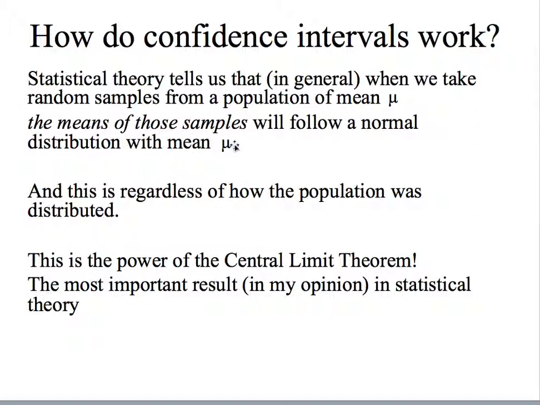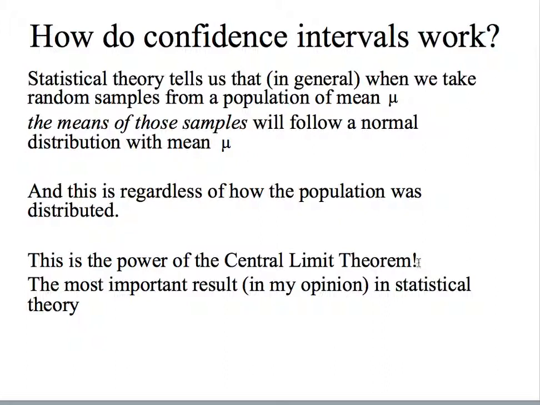So if we take hundreds and hundreds of samples and calculate the means and standard deviations for those samples, all those sample means will follow themselves a normal distribution with mean mu. And this is regardless of how the original population was distributed. That result is the central limit theorem.